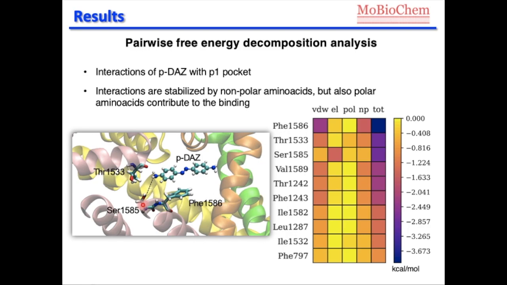For the H-bond analysis, it was assumed that the H-bond is formed when the distance between the hydrogen donor and the hydrogen acceptor is shorter than 3 Angstroms, and the angle between the donor, the hydrogen, and the acceptor is larger than 135 degrees. The hydrogen bond between p-diaminoazobenzene and serine 1585 for P1 shown here is present along 42% of the simulation time.